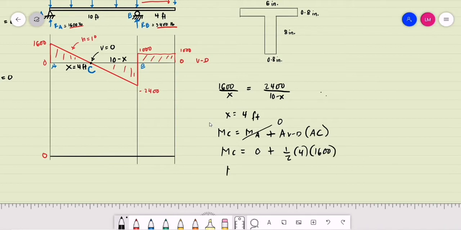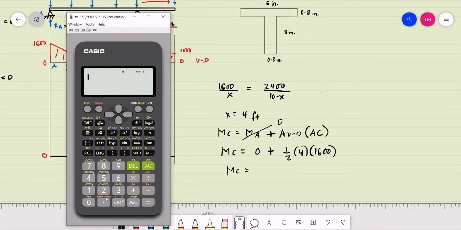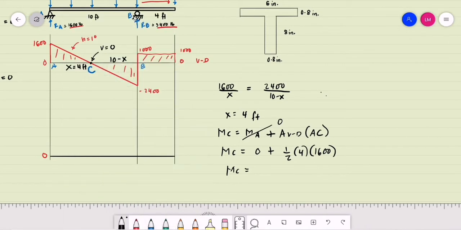So the moment at C is 1/2, or 0.5, of 4 by 1,600. That is 3,200. We have positive 3,200 pounds-foot.